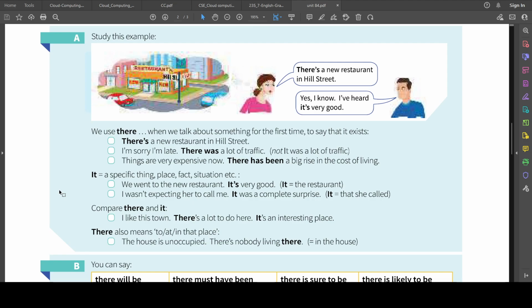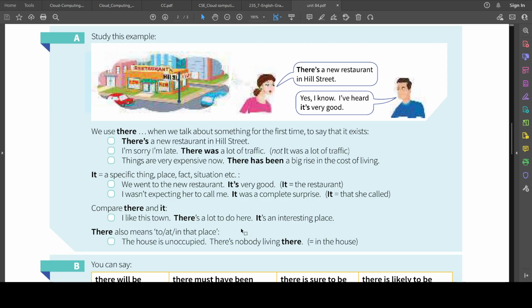But in the next phrase, it's an interesting place, we are referring to the town, in this case, this town. We are saying that this town is interesting because there are a lot of things to do here.